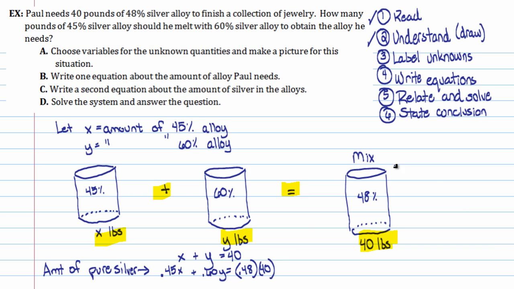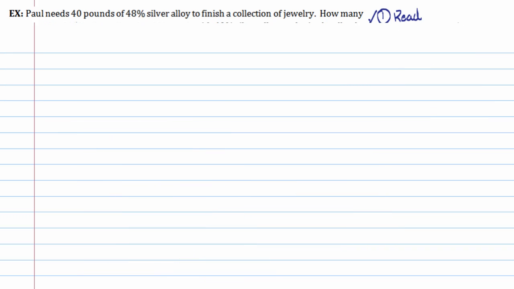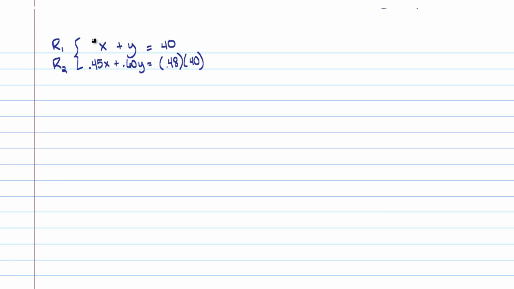So let's go ahead. I'm going to have to open a new page to do this, but let's go ahead and write this system out nice and clean. And we'll go ahead and call that row 1, row 2. Before I even get started, I will let you know that I do not like having a bunch of decimals in a problem. So I'll do two things.